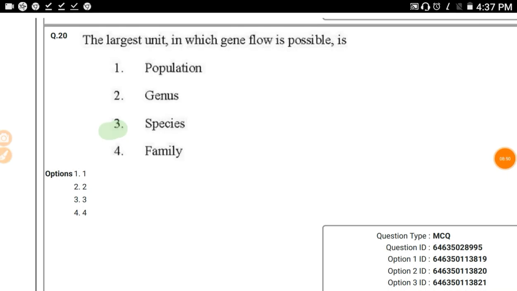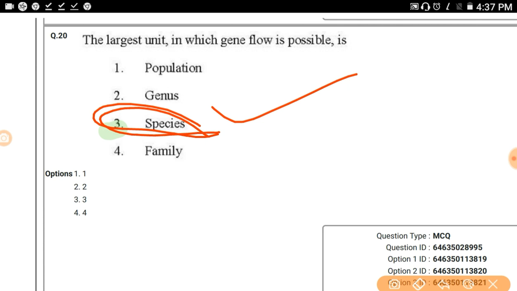The next question is: the largest unit in which gene flow is possible is species. In order to have gene flow, the gametes must be fertilized. So the largest unit in which gene flow is possible is species.